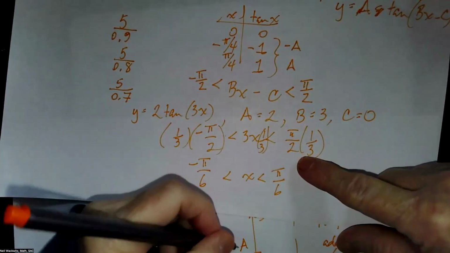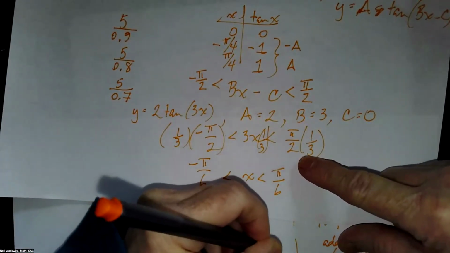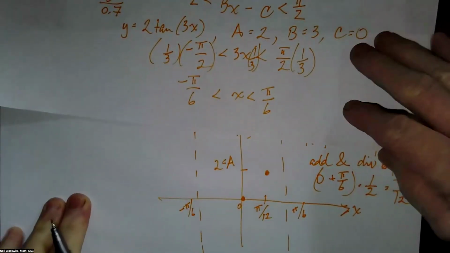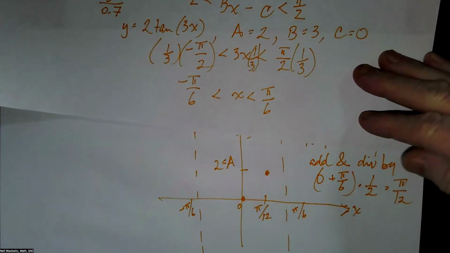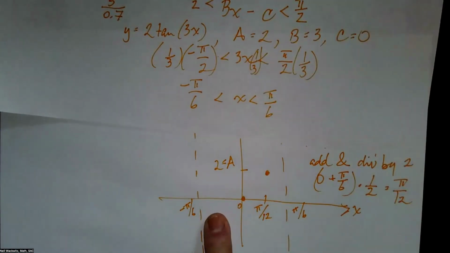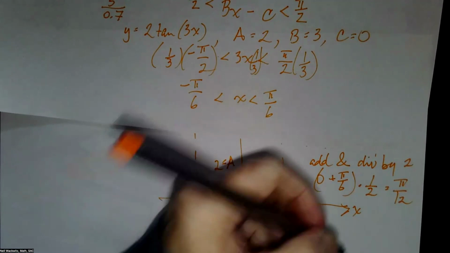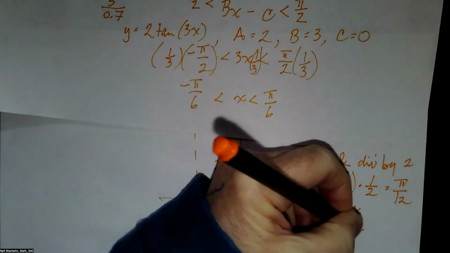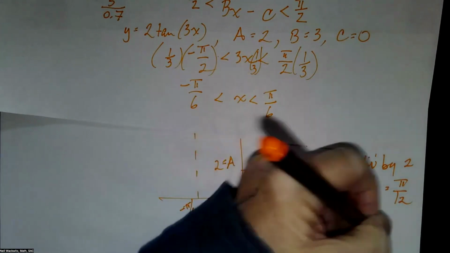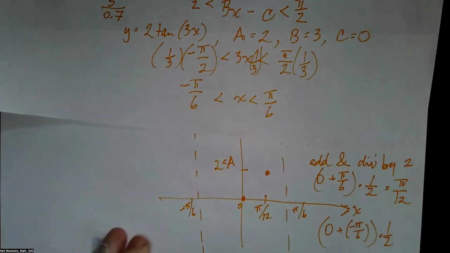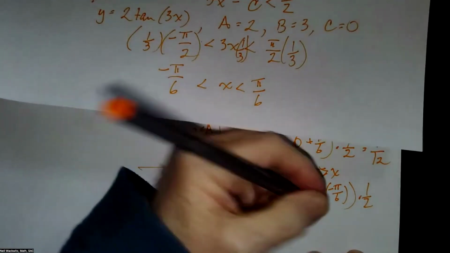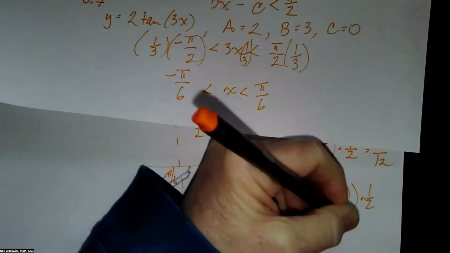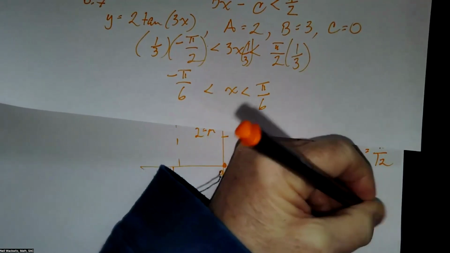We said a was 2. So there's my point. And let's pretend that we don't know that we could just go negative pi over 12. We've got 0 plus negative pi over 6 times 1/2. And that's negative pi over 6 times 1/2, which is negative pi over 12.